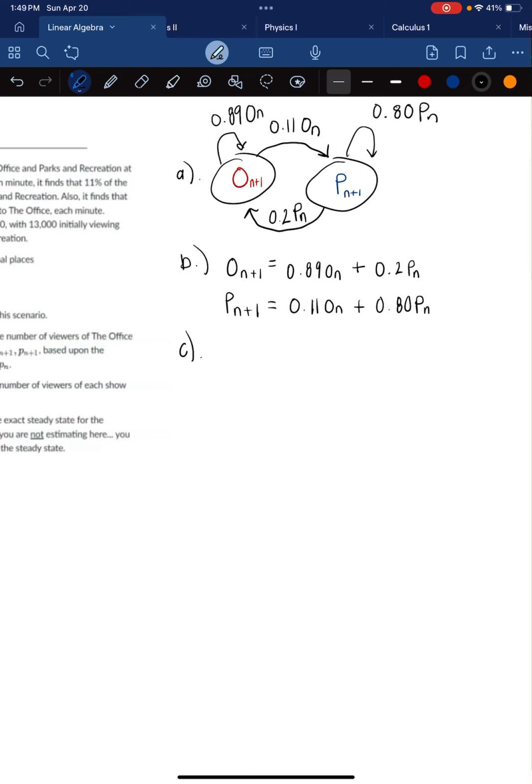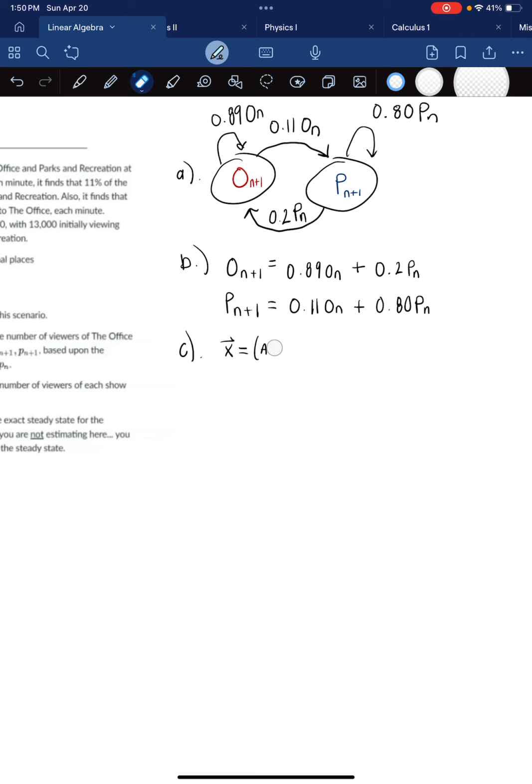Originally, when I first went about this problem, I was thinking of the Leontief output model that we solved for x, where vector x equals the inverse of the identity matrix minus A times the demand vector.